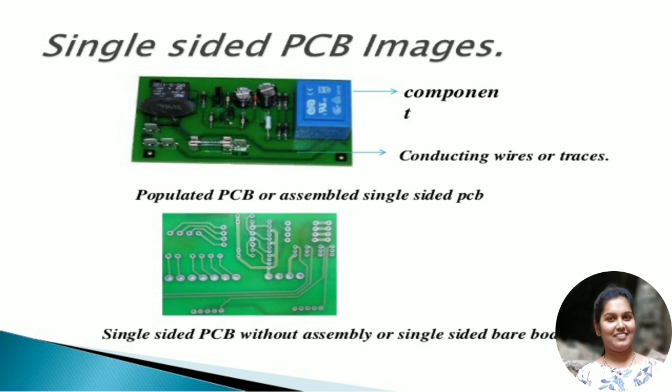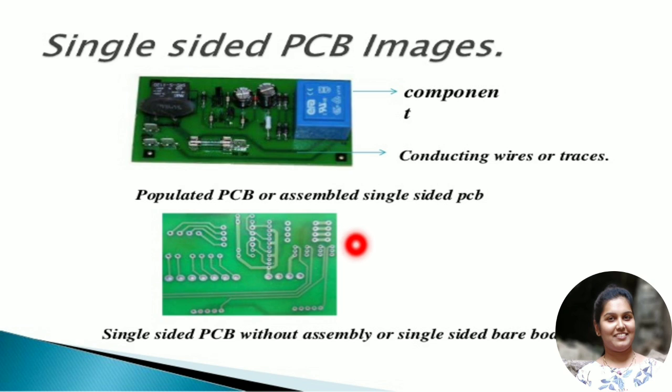The commonly used material is copper. Only where we are connecting the components, those layers will be traced with the help of a metal, commonly copper. So a single sided PCB will look like this before the placement of components.